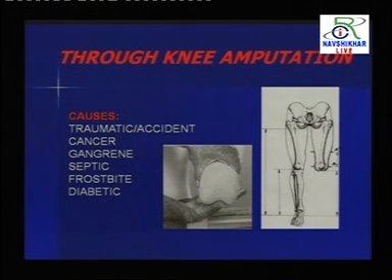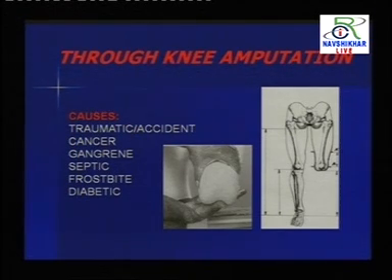You can see in the slide, at the knee level the whole muscle is there and the femur bone is saved. End weight bearing is more comfortable, because the weight bearing area is wider.